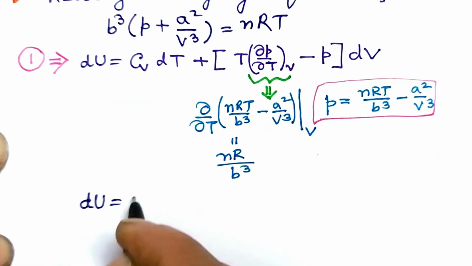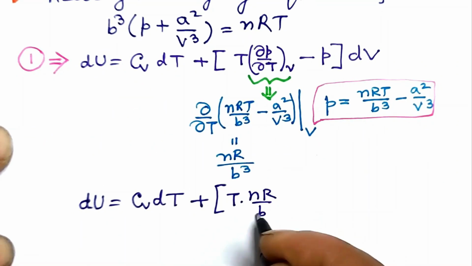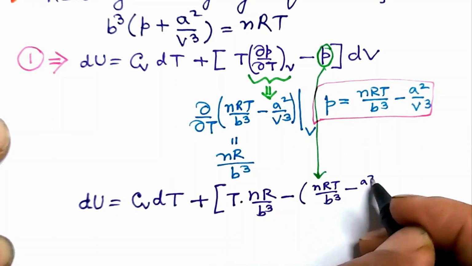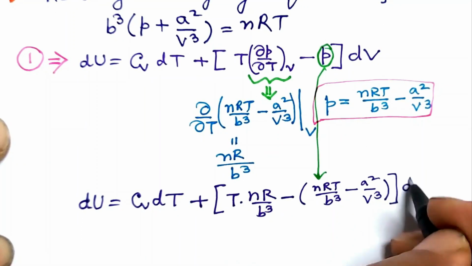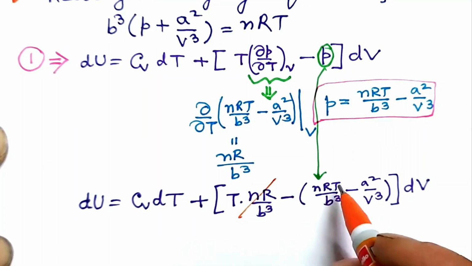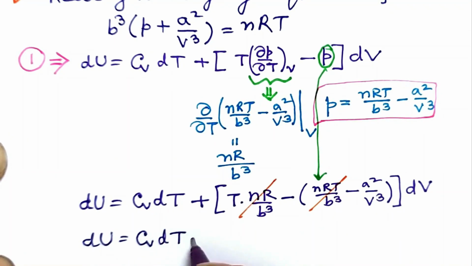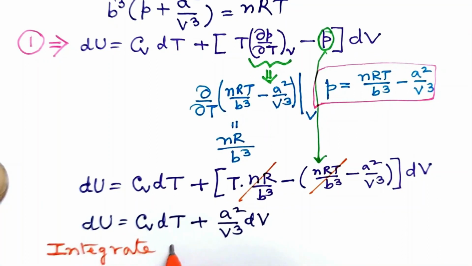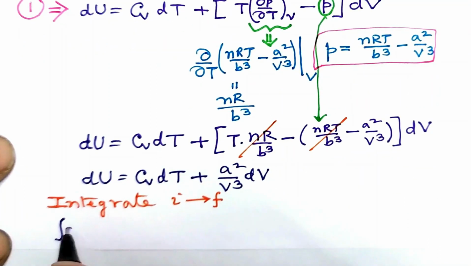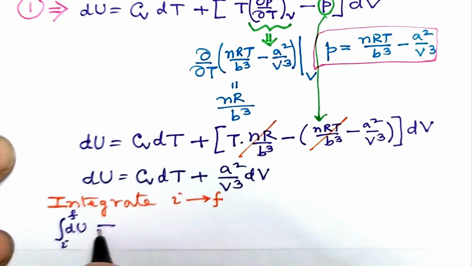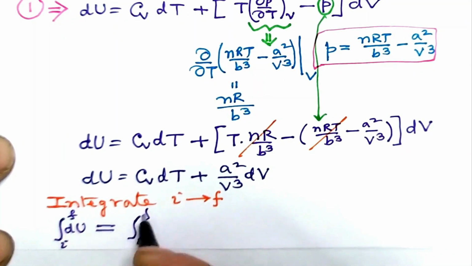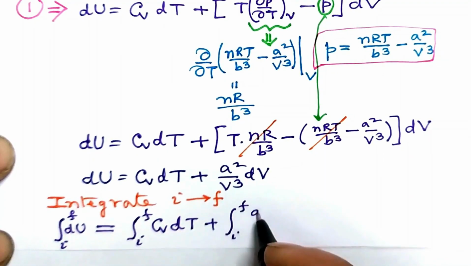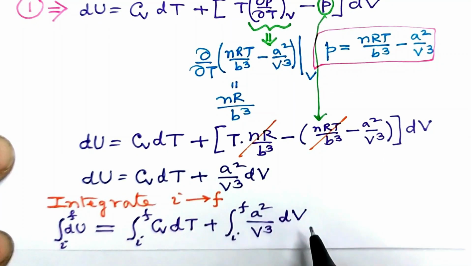So du equal to, instead of P we put from equation of state. These two factors cancel out and we get integration from I to F du equal to integration from I to F Cv dt plus integration from I to F a squared by V cubed into dV.